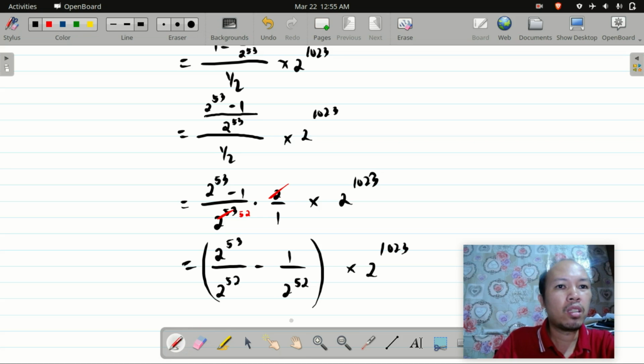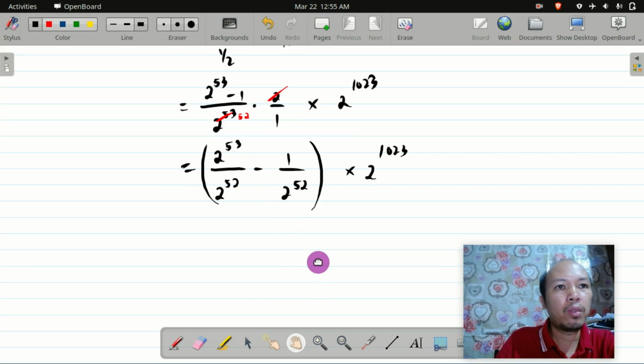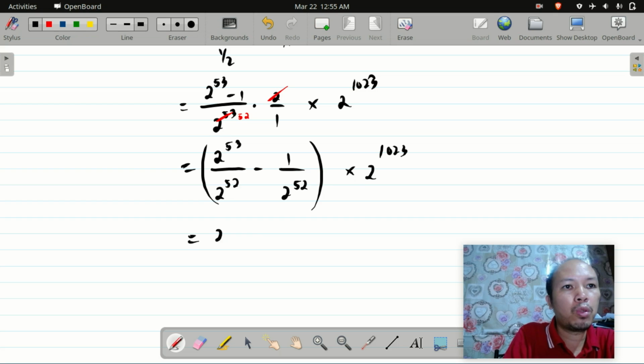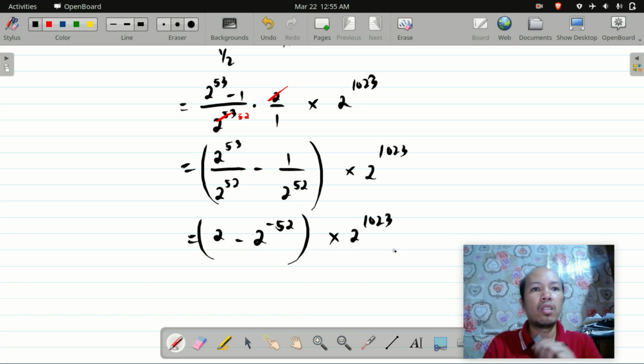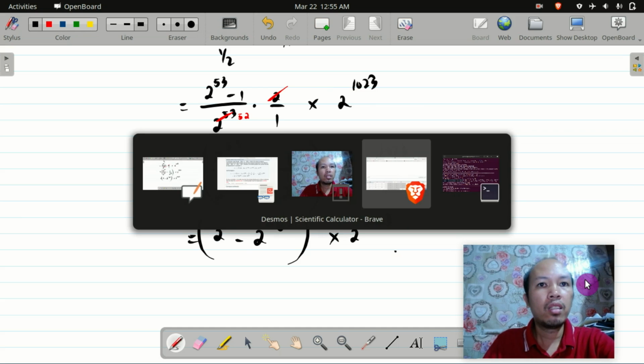And finally, we are almost done. So this is 2 minus 2 to the negative 52, times 2 to the 1023. Okay, so I think we are done. This is the same as this one here.